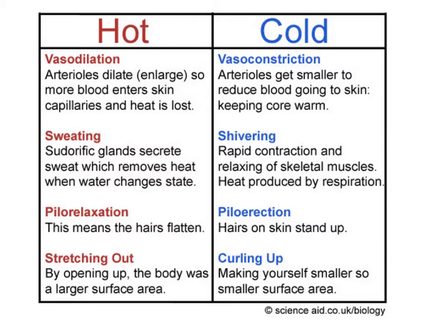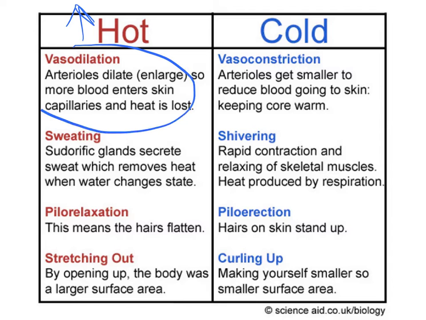So in the body, there are certain adaptations that allow us to maintain this stable temperature, keep our temperature at a certain set point. So if our temperature were to go above the set point, then there are a few adaptations we can do.